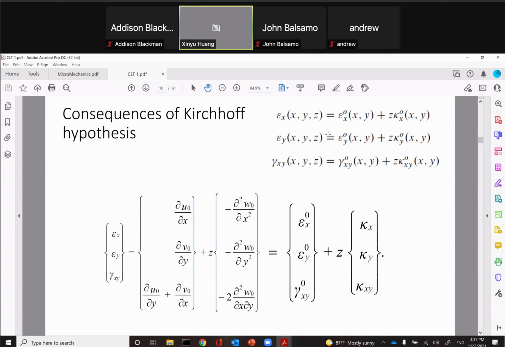So what will be the units of curvature? What's the unit of the strain? Partial u, partial x. No units. What's the units of this curvature?